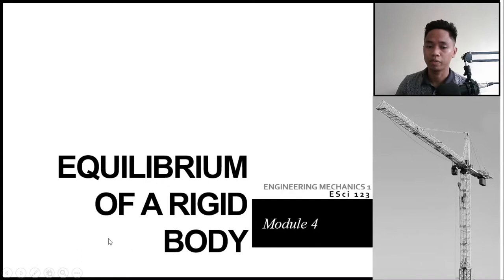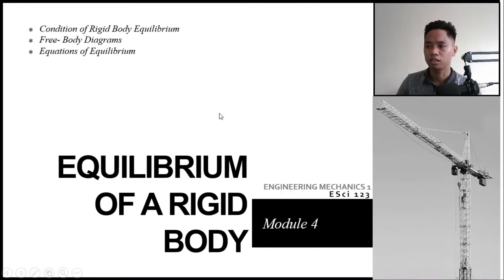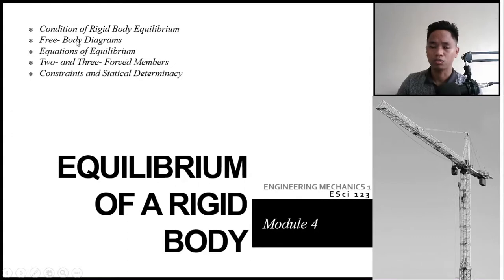Alright, because this would be the basic. So what we will discuss in this module are the conditions of rigid body equilibrium, and then how to draw free body diagrams. I guess you already have the idea on how to solve for free body diagrams, except that what we discussed before was all about equilibrium of particles.